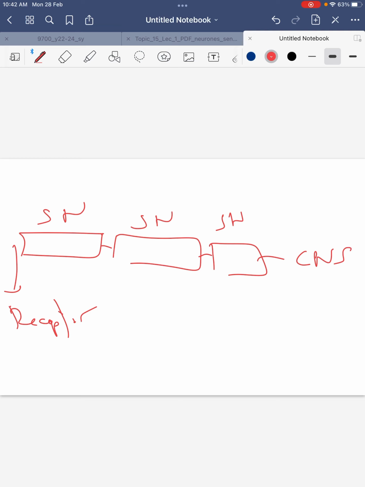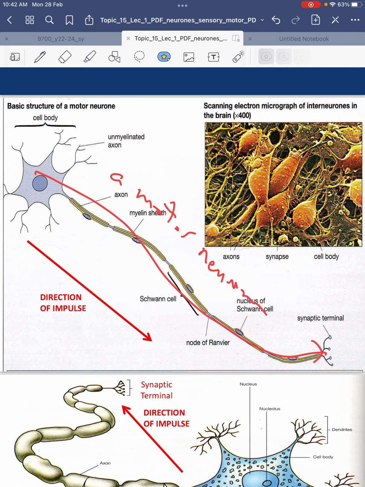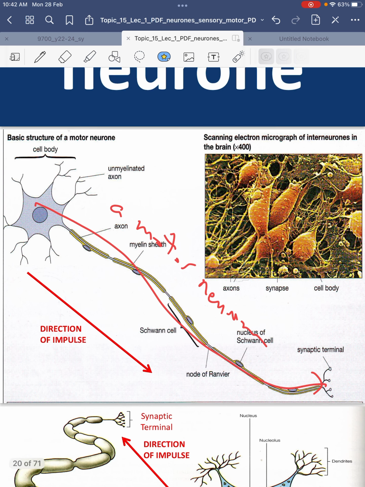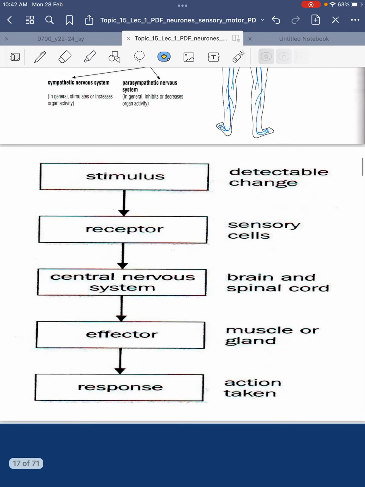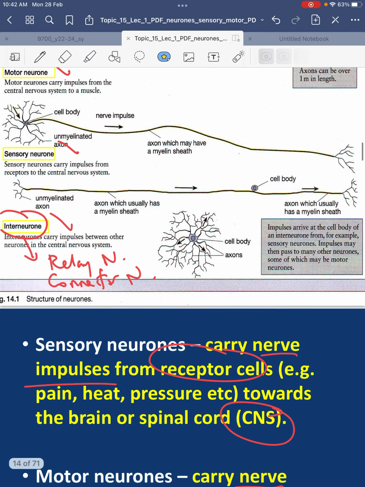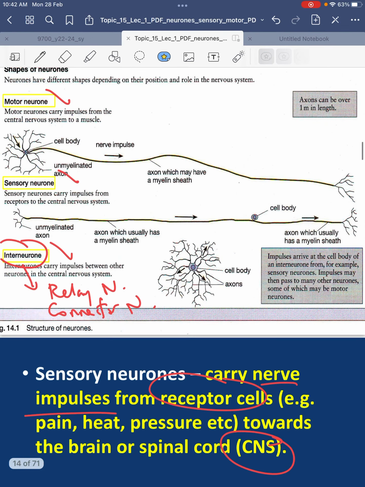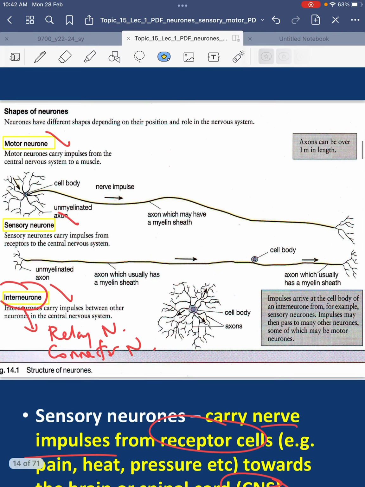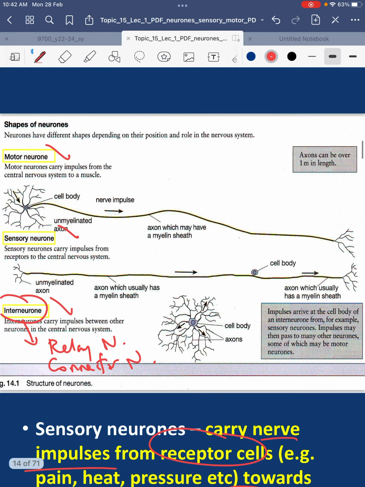So what you see here is only one particular cell, a cell of a motor neuron, which can be quite long. It says here about 1 meter: axons can be over 1 meter in length. Meaning it can be a very long cell, or it can be a short one.